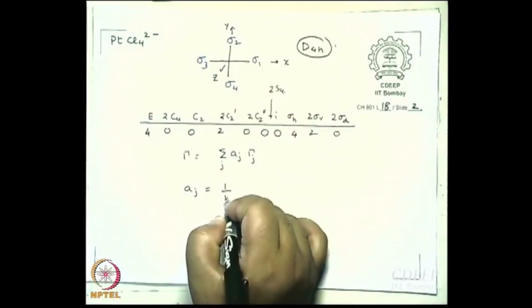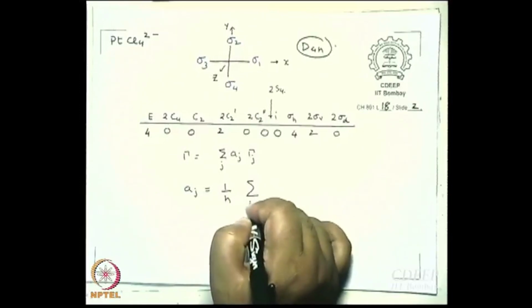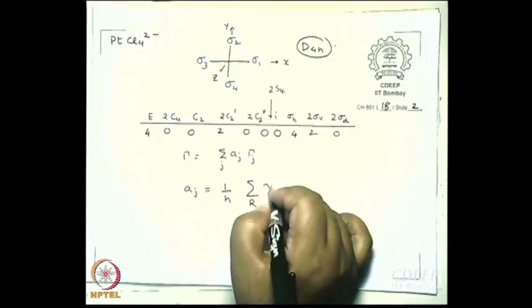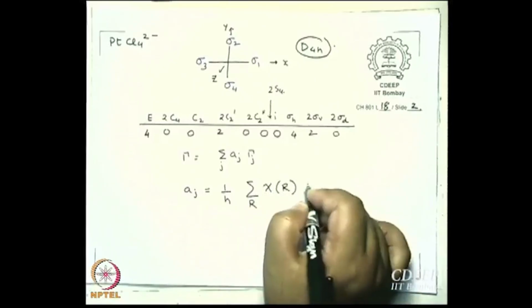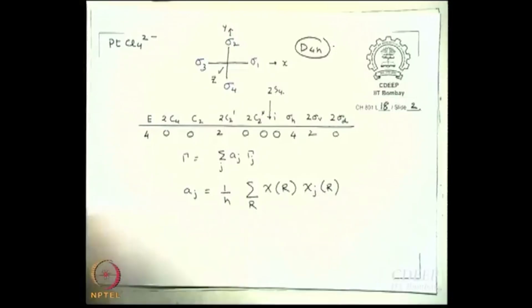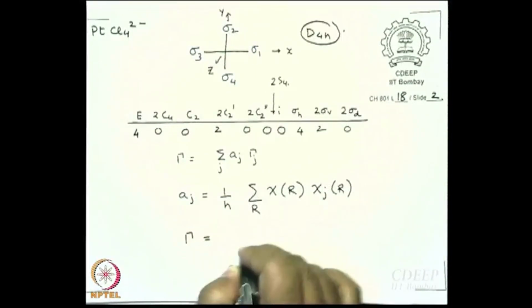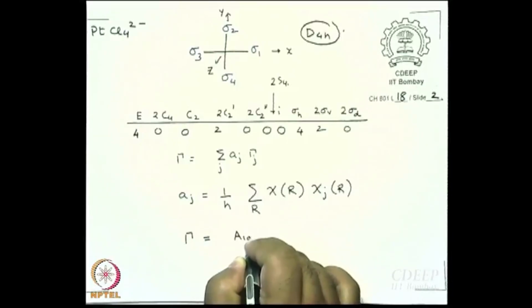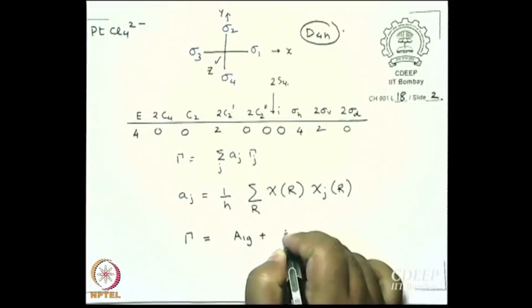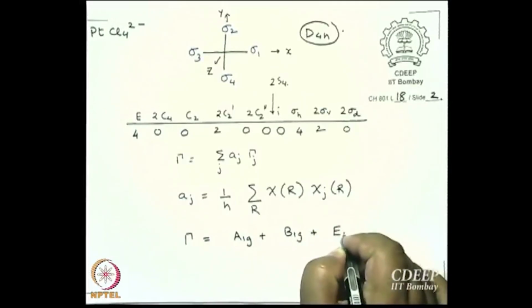One by h sum over r chi r. If it is aj, it has to be chi jr. Should not write chi ir. Okay. So now I will show you the character table. Please work out the aj's. So what I get is gamma equal to A1g plus B1g plus Eu.